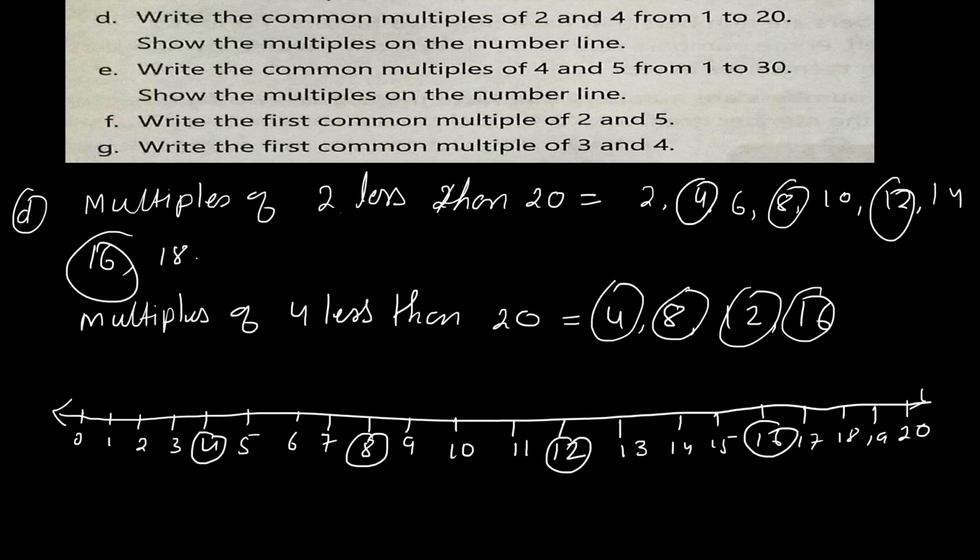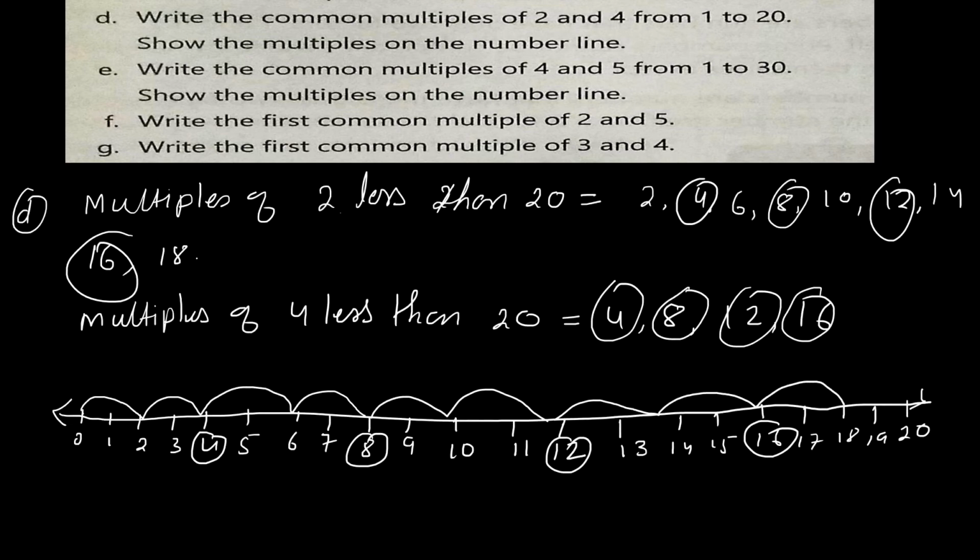Got it? Or we can also do it this way. First you write multiples of 2: 2, 4, 6, 8, 10, 12, 14, 16, 18, less than 20.